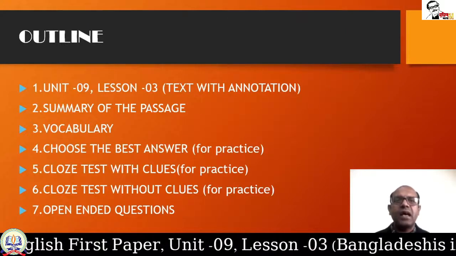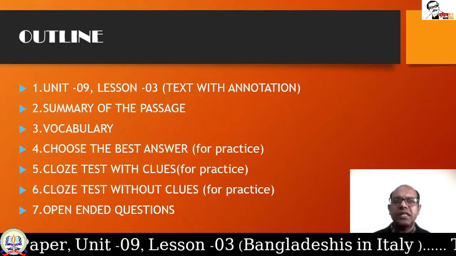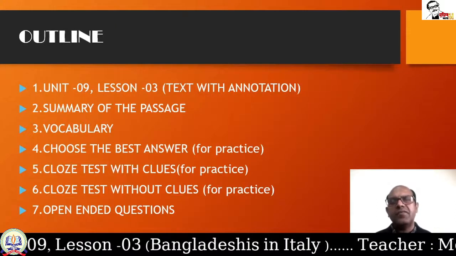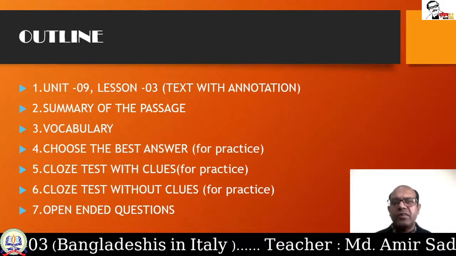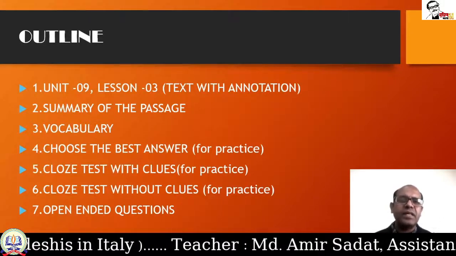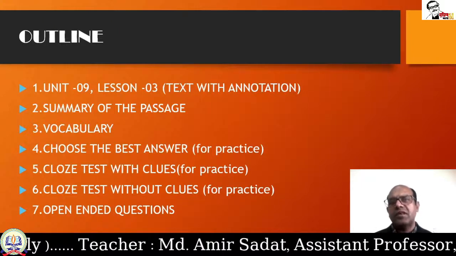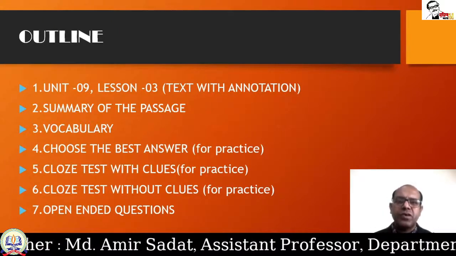After that, I have made a summary of the passage, and you know that a summary is very helpful to understand the passage. Then I have made a vocabulary for you, and vocabulary is very important for understanding a passage, and you have to build a rich vocabulary. In my previous classes, I have already suggested that you build a rich and sound vocabulary.